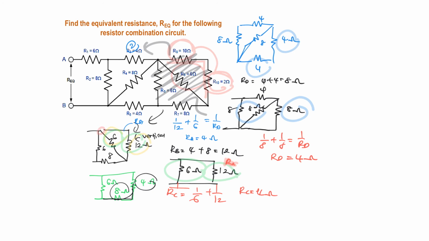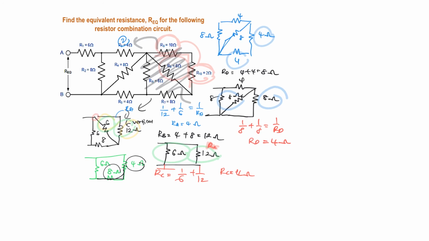Once you're done with this, I combine again. I'm showing the diagram for you to understand how to calculate this. So this is going to be 4, and the combination is arranged in vertical. So 8 ohms is here, 4, and this is 4 from here. Definitely a series.